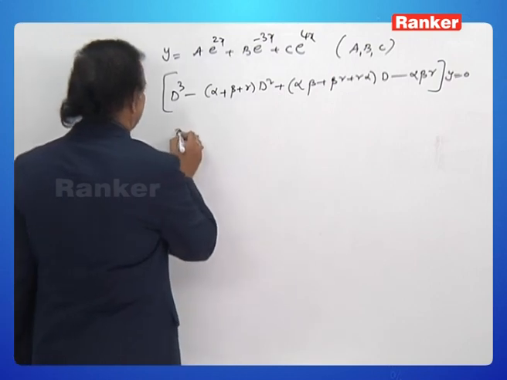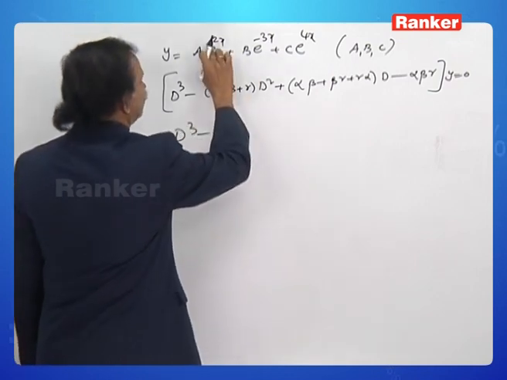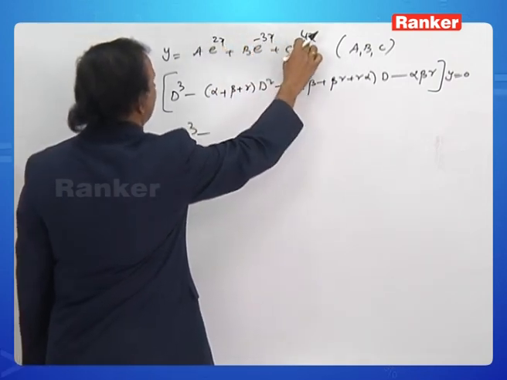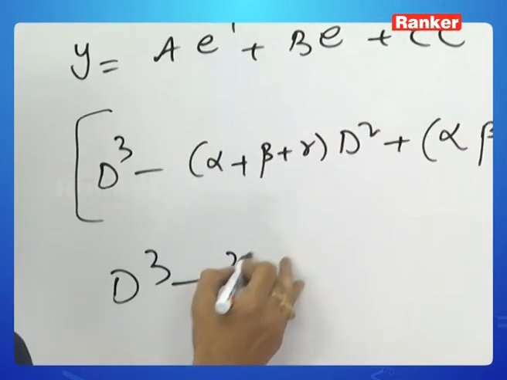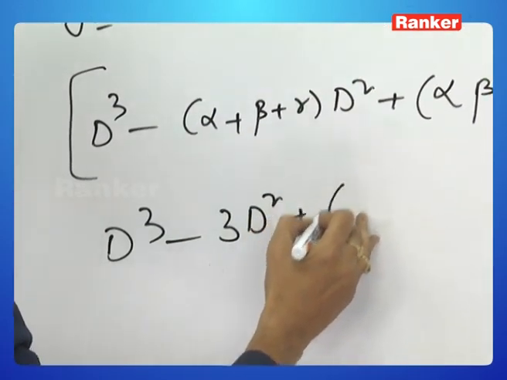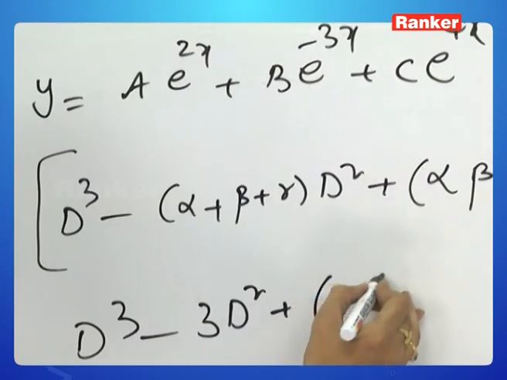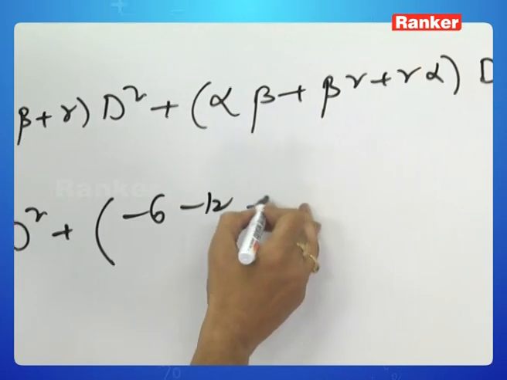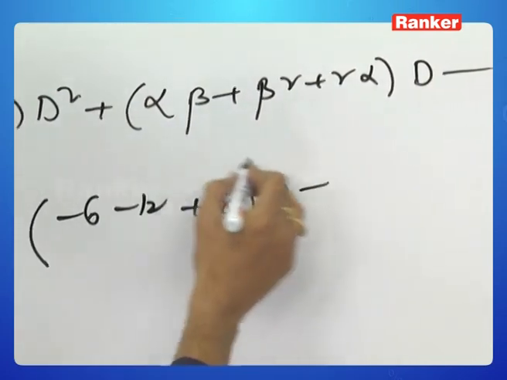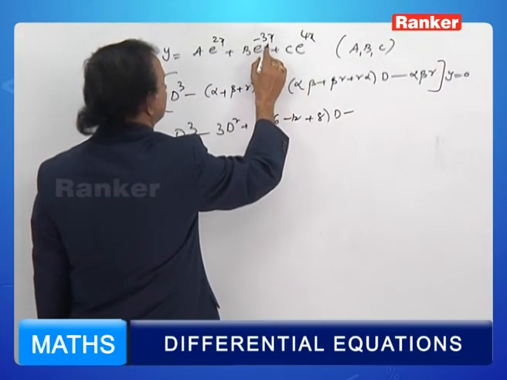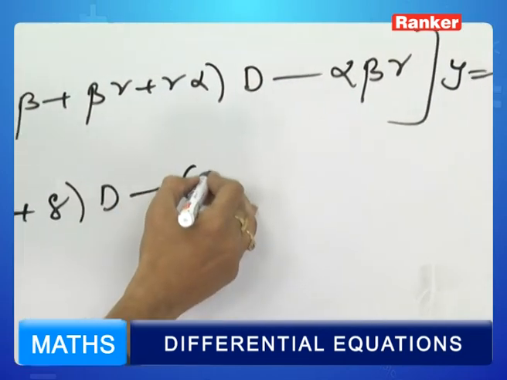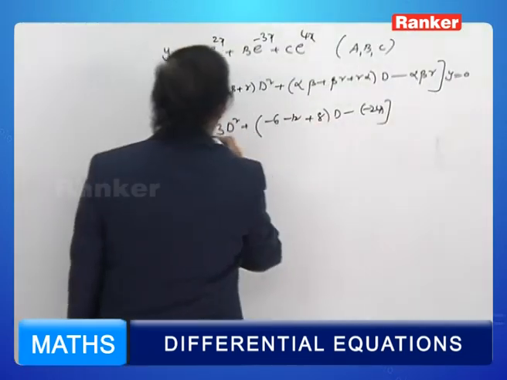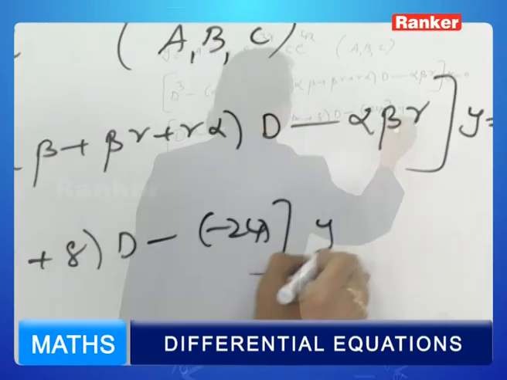That is D cube minus (2 minus 3 plus 4), how much? 6 minus 3 is 3, 3D square, plus (alpha beta minus 6, beta gamma minus 12, gamma alpha 8) of D, minus alpha beta gamma, 2 into minus 3 into 4, minus 24, plus 24 of y is equal to 0.